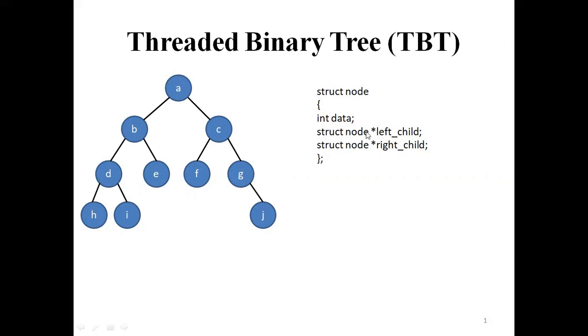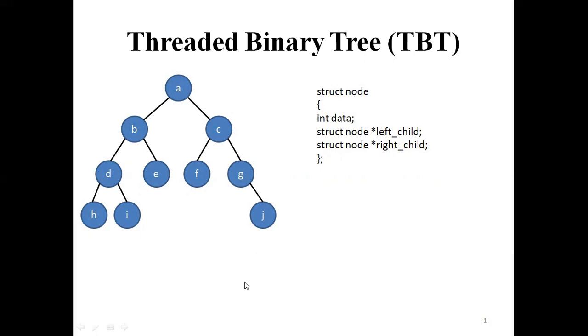One will be a field which is struct node pointer left child. This is the field which will hold the address of the left child of that node, and another field is struct node pointer right child. This field will hold the address of the right child of the node.